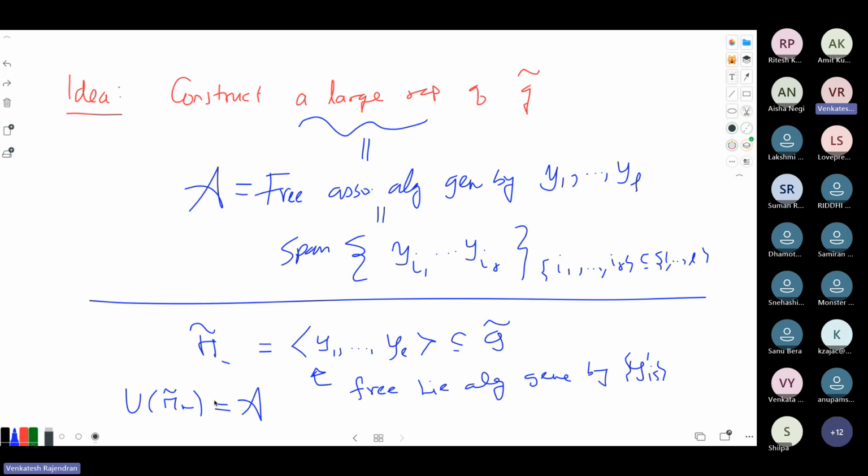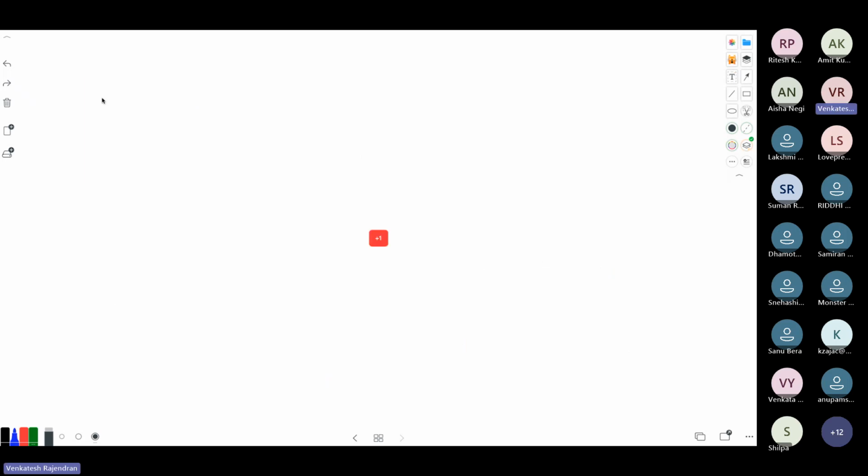That is why this free Lie algebra naturally acts on this A, because the universal enveloping algebra is nothing but A. The universal enveloping algebra acts on itself by left multiplication. So that is the representation that we are having: U of n tilde minus, being A, acts on A via left multiplication.